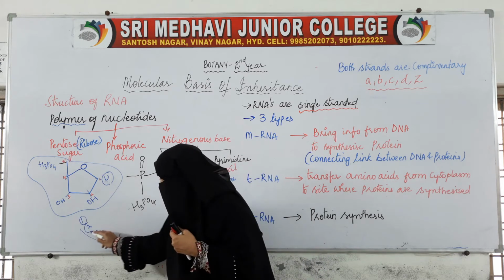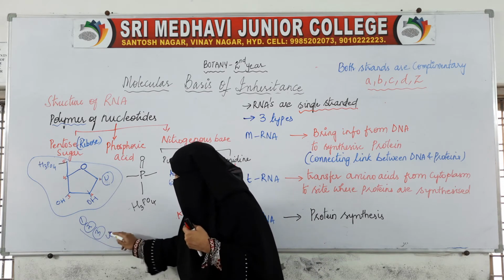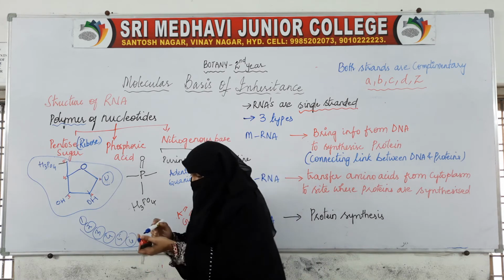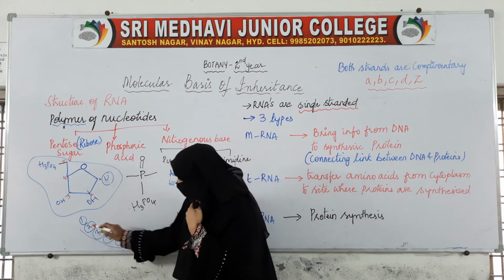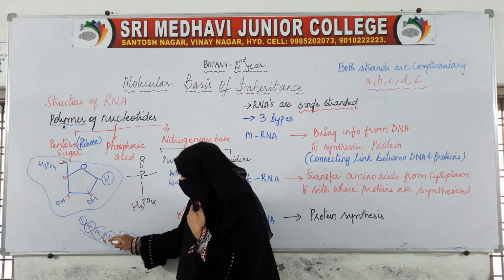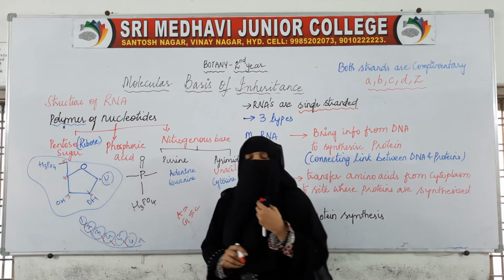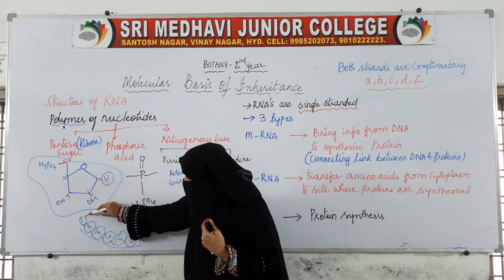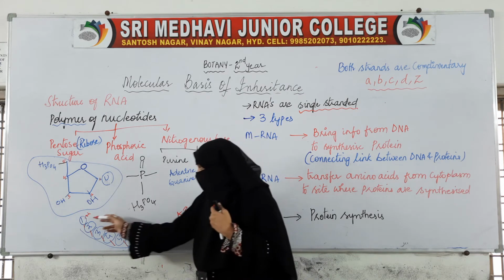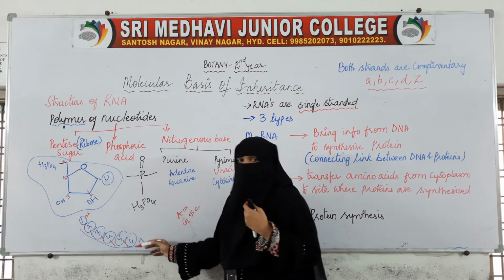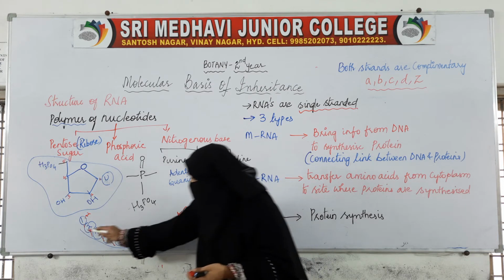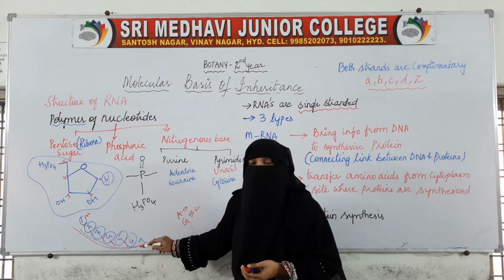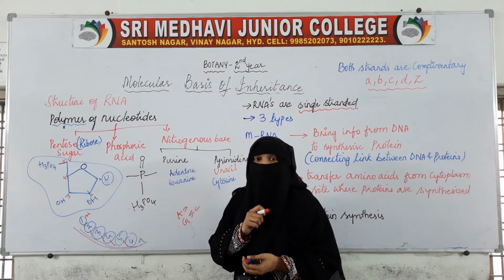All of these nucleotides joining together make one big molecule. This is the small molecule, which is nothing but a nucleotide. Many small nucleotides combine and form a big molecule, which is nothing but a polymer.